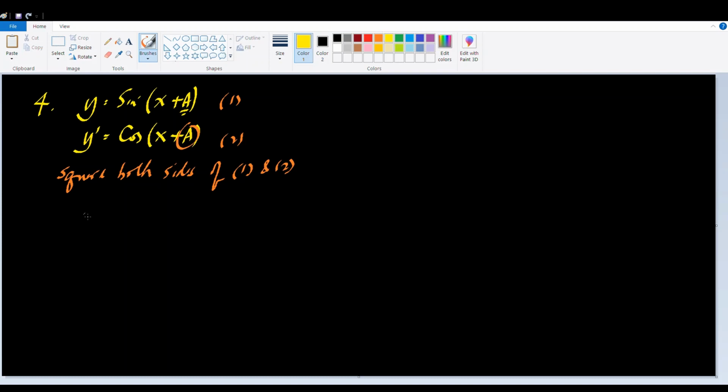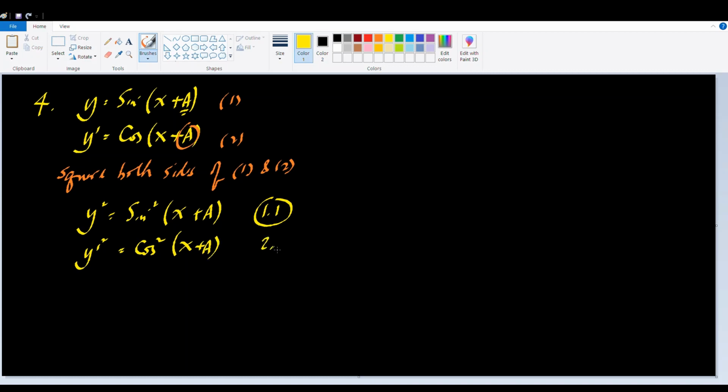So we'll be getting y squared equal to sine squared of (x plus a). Let us call it 1.1. And then the same thing for the second equation: y prime squared is equal to cosine squared of (x plus a). That is 2.1.